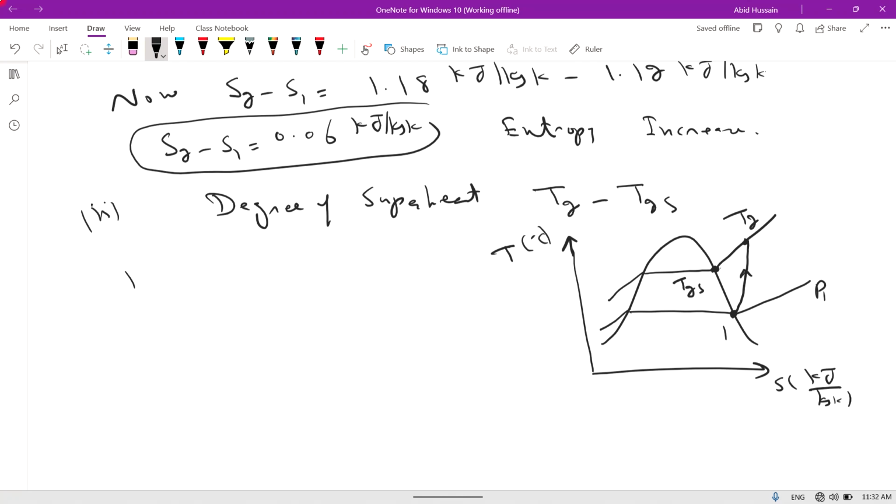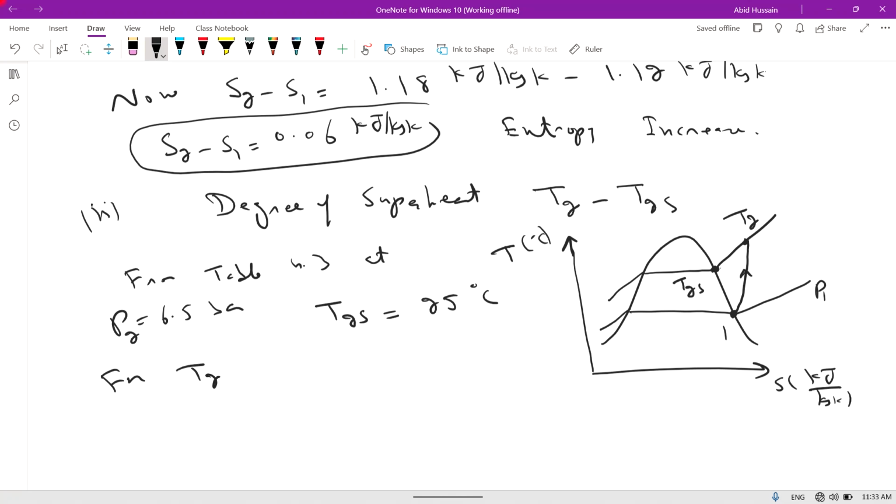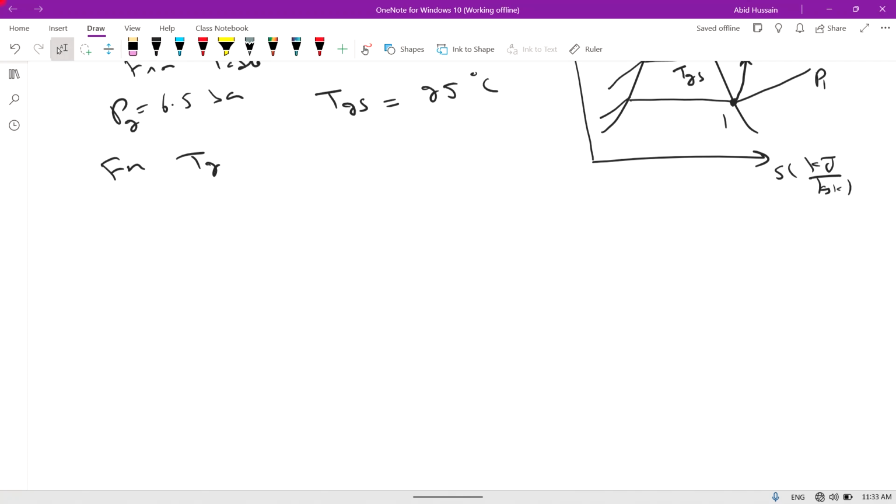So from table 4.3, at pressure P2 equal to 6.5 bar, T2S is equal to 25 degrees centigrade. For T2 we will do interpolation because volume 0.032 is not available.